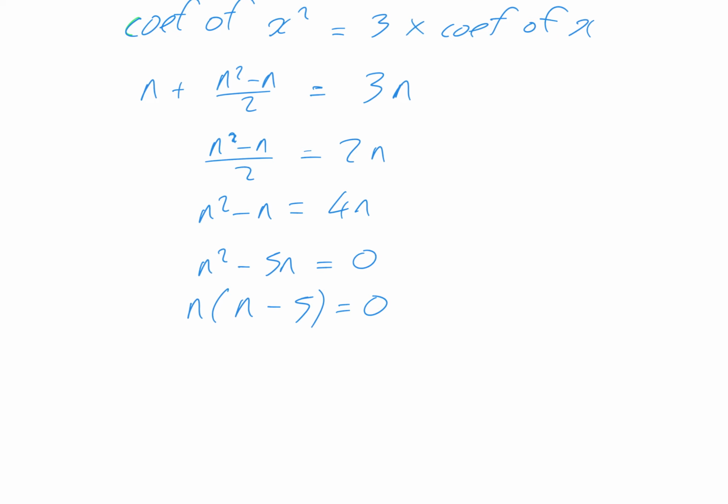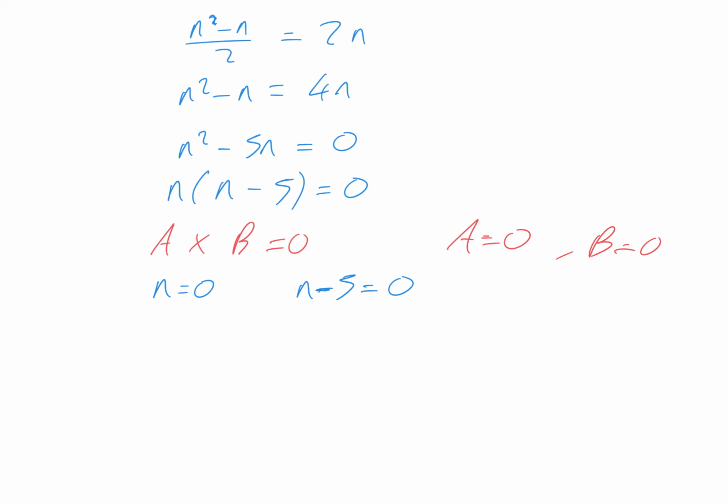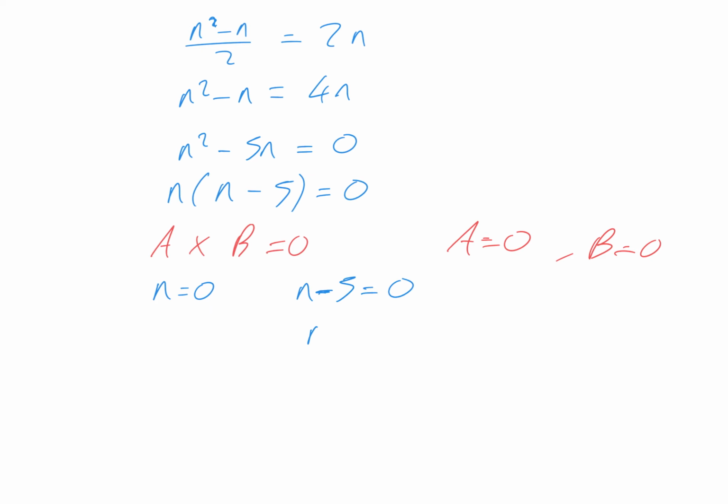And that means you're in a lovely stage of mathematics: you've got a times b equals 0, which means either a is equal to 0 or b is equal to 0. So n equals 0, or n minus 5 is equal to 0. So n equals 0 or n is equal to 5, and n equals 5 is going to be our answer. And that is it done.